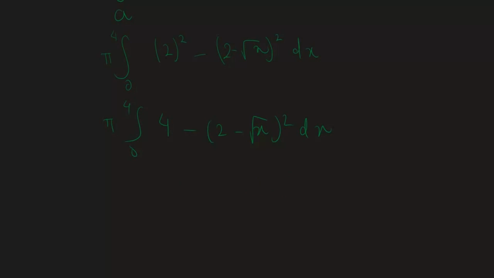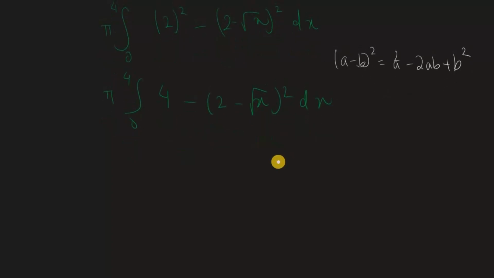Okay, so you remember the equation that you learned in high school, (a minus b) squared. This is what you're going to use, right? a squared minus 2ab plus b squared. So this is our a and this is b. This is 4 minus, and then a squared, which is 4, and we're going to multiply this negative after, so I'm going to put a big parenthesis over here.